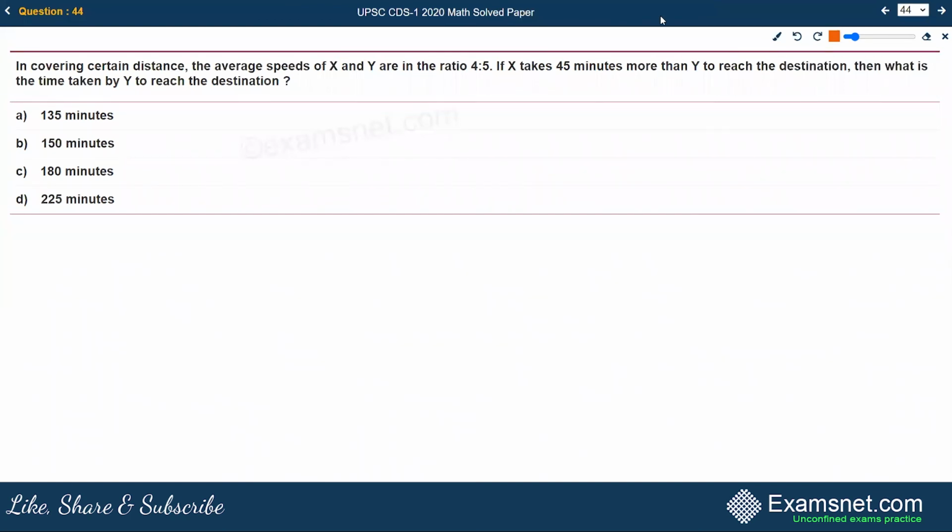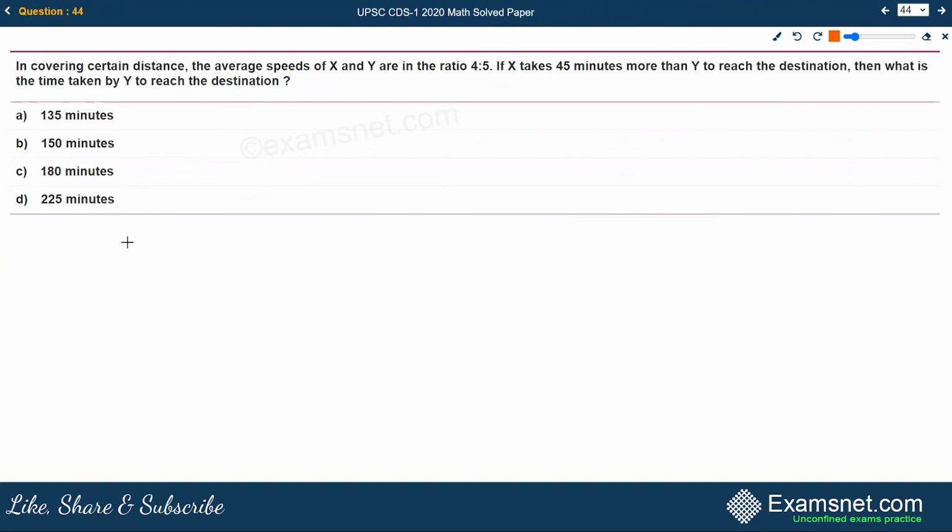In question number 44, we are given that in covering a certain distance, the average speeds of x and y are in the ratio 4:5. If x takes 45 minutes more than y to reach the destination, then what is the time taken by y to reach the destination?